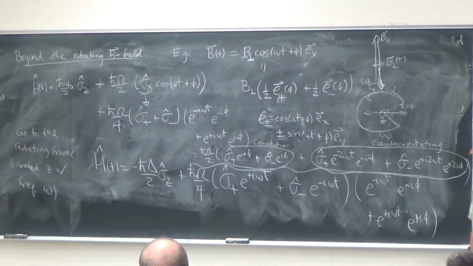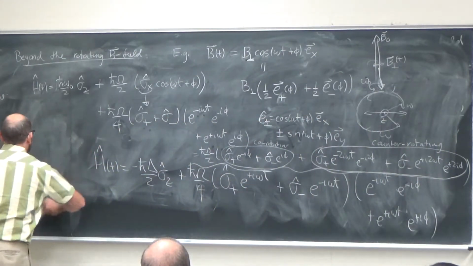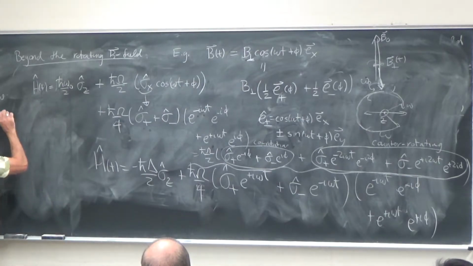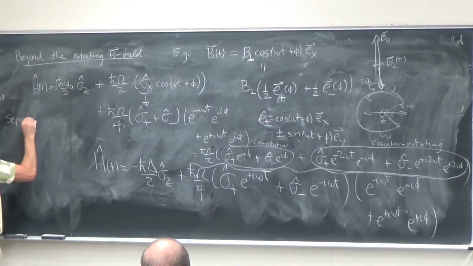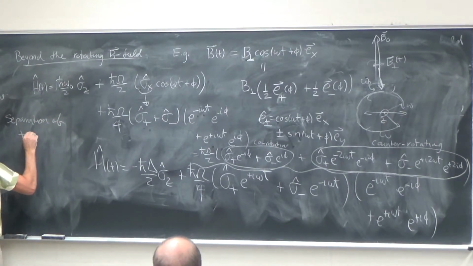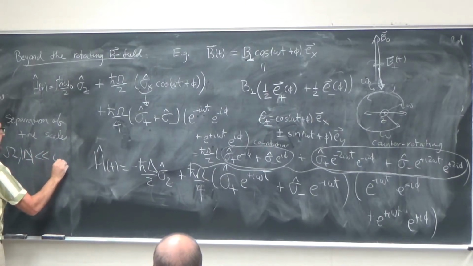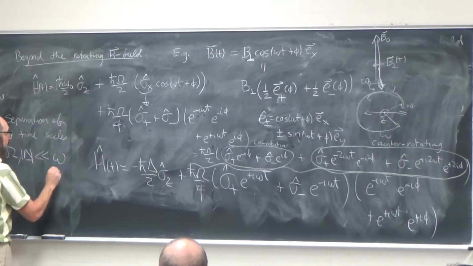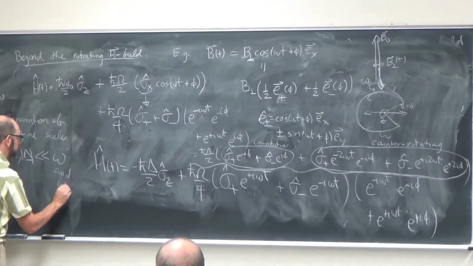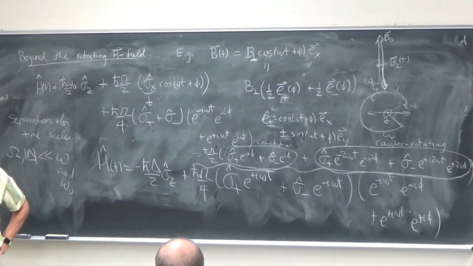However, if we have a separation of time scales, that is to say, if omega and delta are absolutely tiny compared to omega and omega naught, then we can approximately solve this equation.